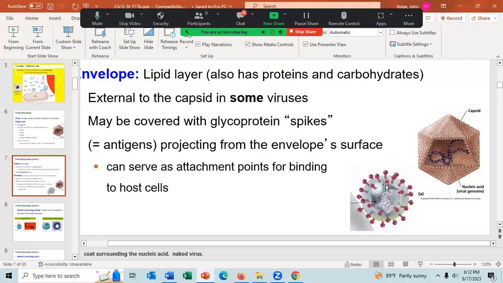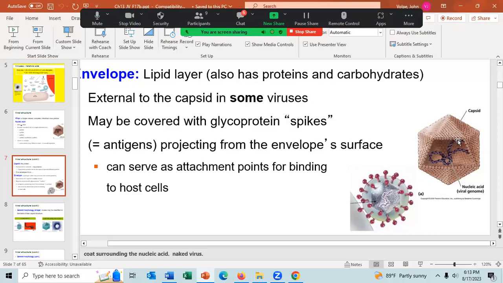Oh, I should mention that the molecules that the host immune system recognizes and then makes an immune response against, we call those molecules antigens. And it's the same molecules that serve for the attachment of this virus, meaning the molecules of the spike.